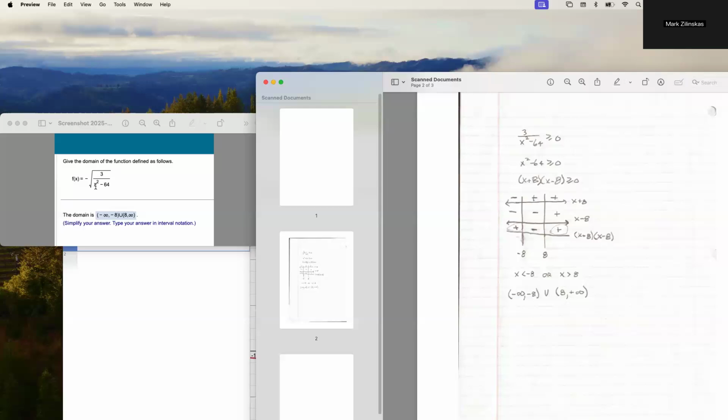In other words, if I tried taking f of zero, zero squared is just zero, I would take 3 over negative 64. If I tried taking the square root of 3 over negative 64, I would get an error on my calculator. Now, if we were dealing with a set of complex numbers, that's a different issue. But right now, we're dealing with real numbers. So that would be a no-no.